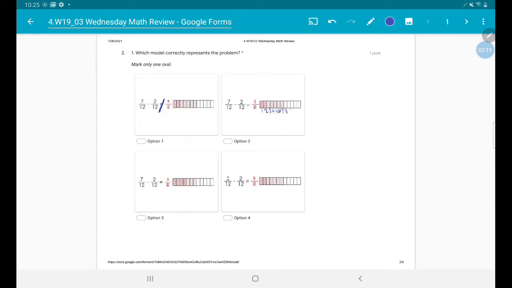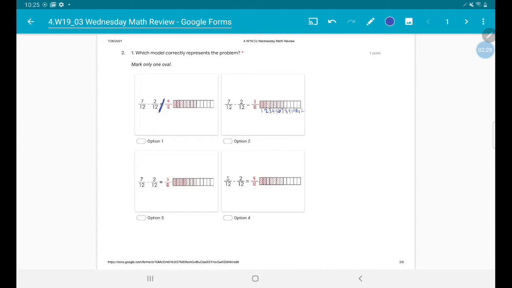There's 8, 9, 10, 11, 12 pieces in the whole. So did they start with shading 7/12? Yeah. Okay. Are 2 of them taken away? Yes. How can we tell that there's 2 pieces taken away?